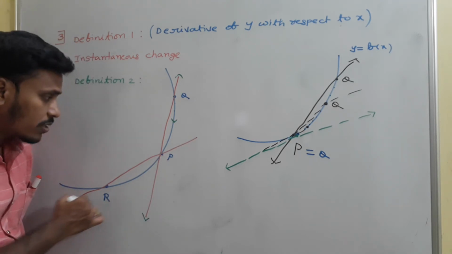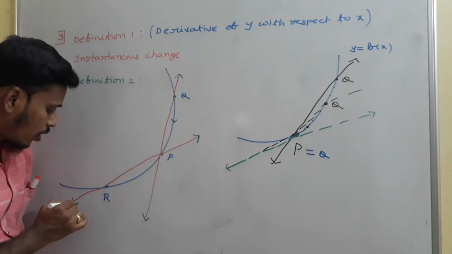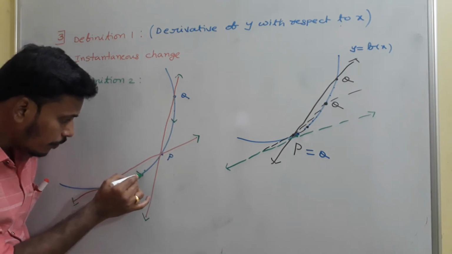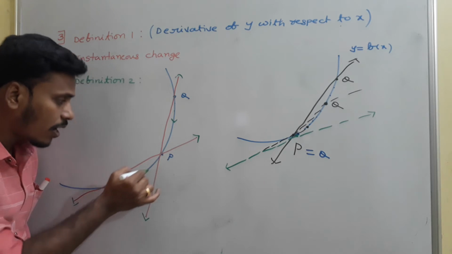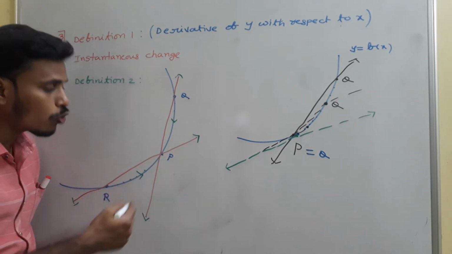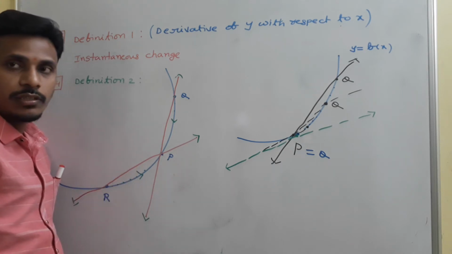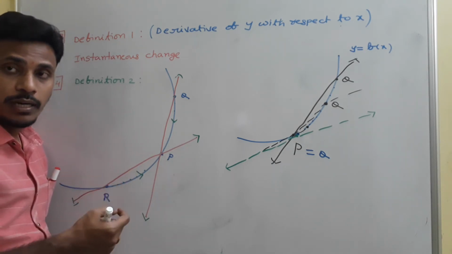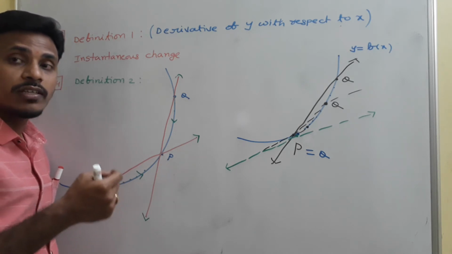This is the secant PR. You move this point R towards P. As you are moving R nearer to P, the secant is going to become a tangent. Is it right? So a tangent is simply nothing but the limiting position of a secant.